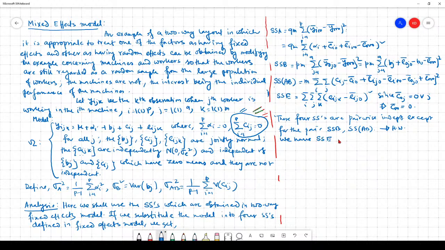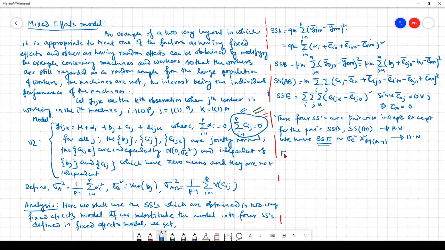This follows sigma square chi square with pq(m minus 1) degrees of freedom. This is another homework. Check this using the previous argument of random effect, fixed effect. You can easily argue this follows sigma square chi square with pq(m minus 1) degrees of freedom.